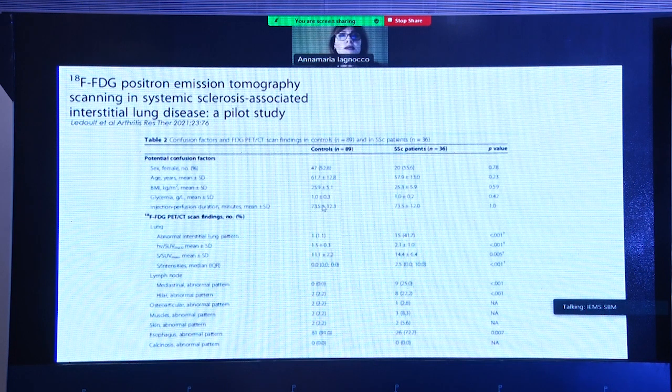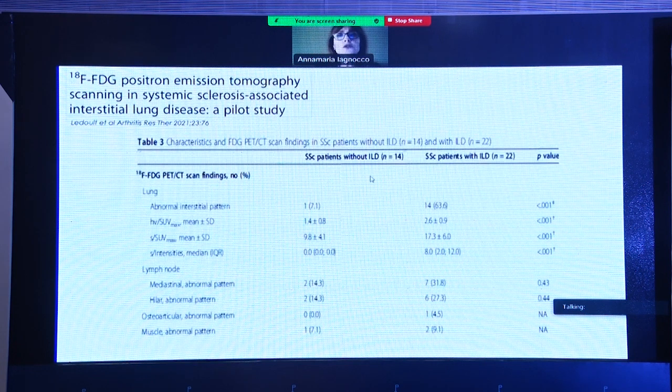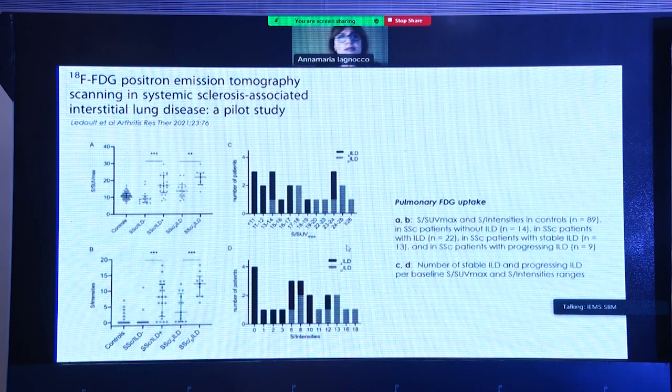And when the patients were compared, there were more clearly diffuse evident abnormalities compared to those who did not have interstitial lung disease.